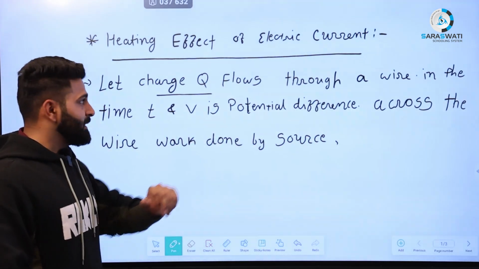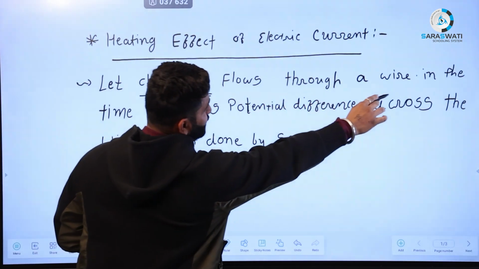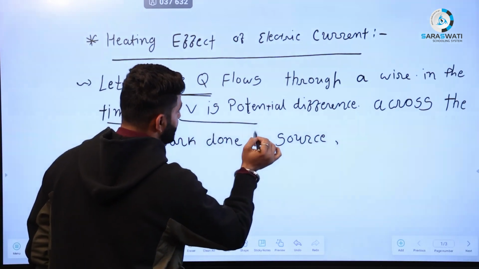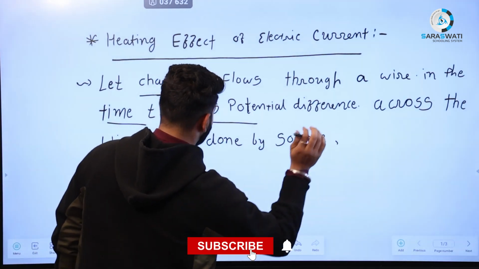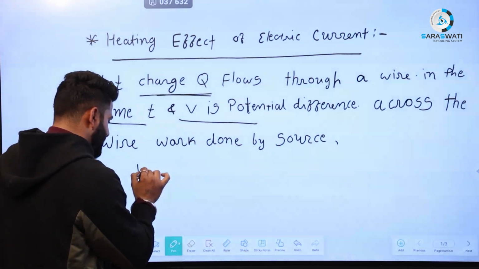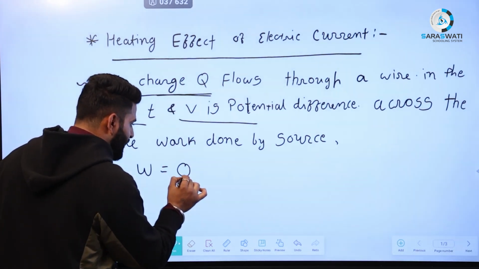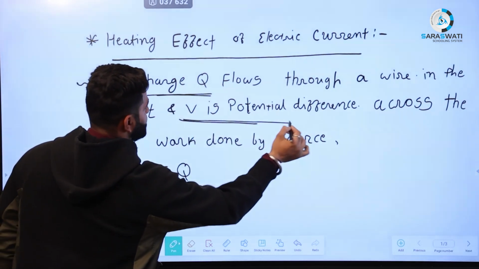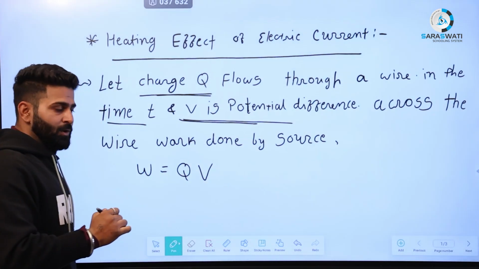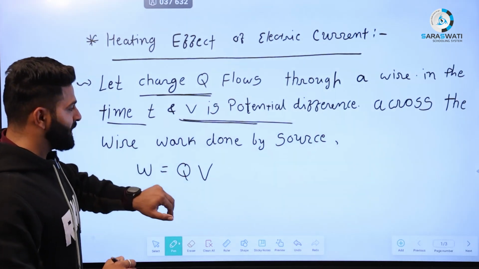Work done by the source means when charge Q is passed through the wire in time t, and V is the potential difference between the two terminals, the work done on this charge is W. So W is equal to Q into V. That is the work done on this charge between the two terminals.